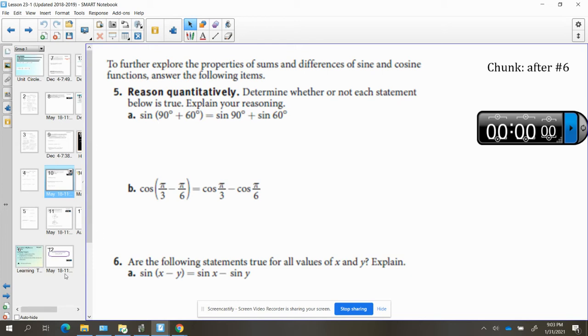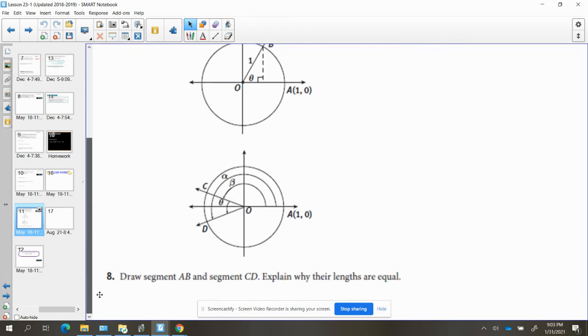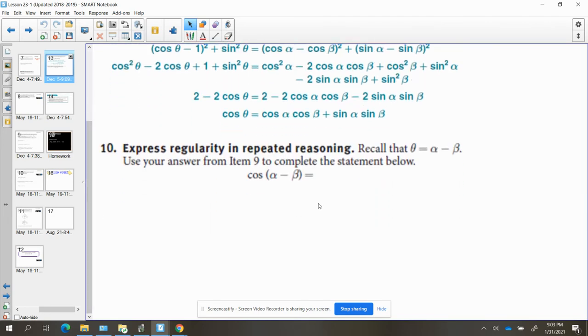Okay, now that's where we get into looking at deriving a formula that does work, and it goes back to using some similar triangles and a whole lot of algebra. So that eventually what we get with these similar triangles and the algebra is the difference identity for the cosine of alpha and beta, or sometimes we call those x and y.